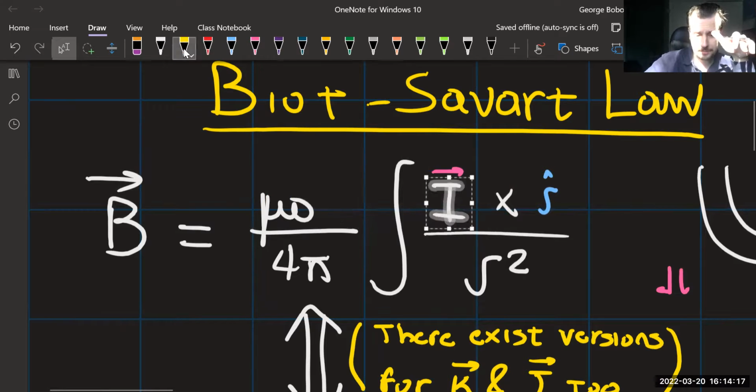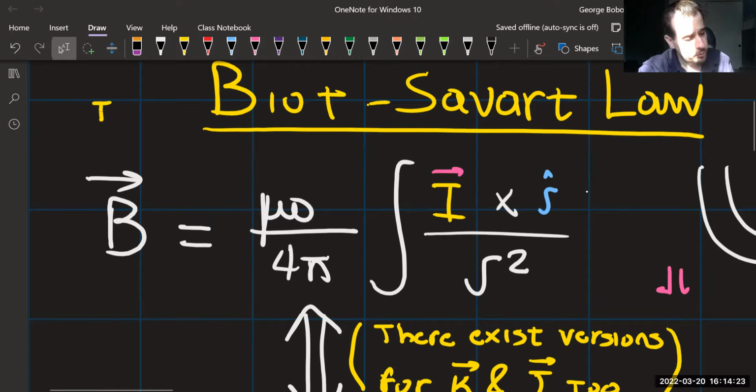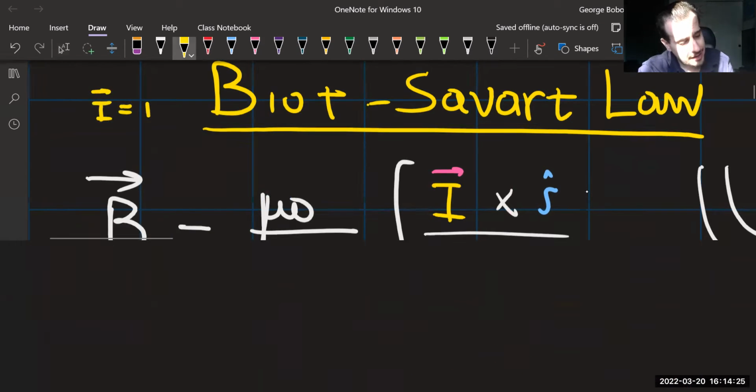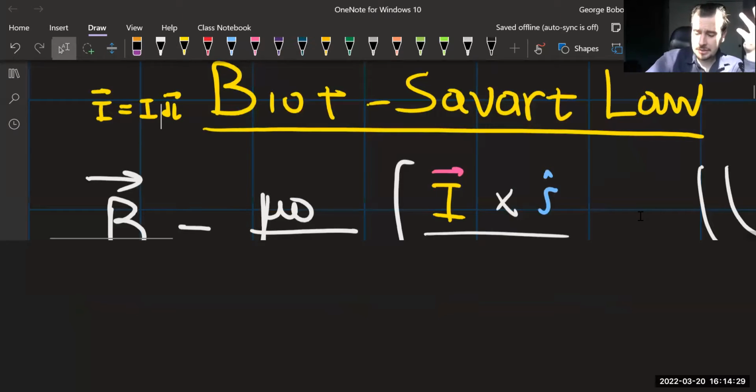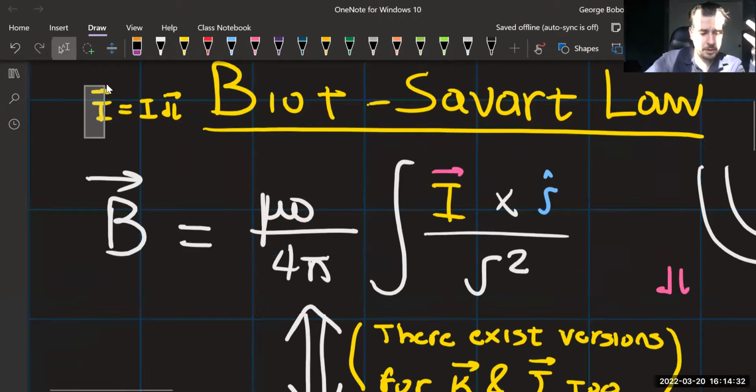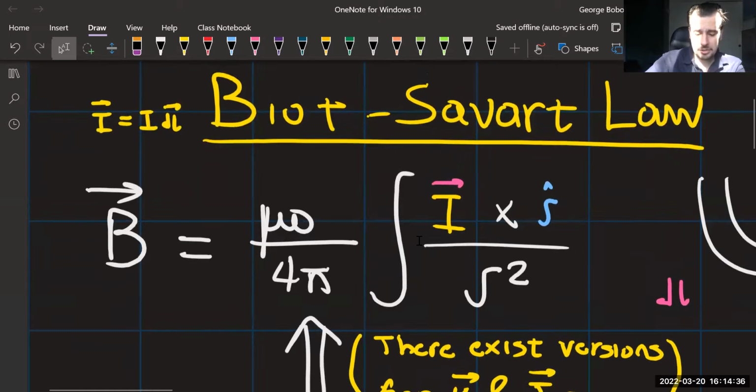This also happens because literally the dL is the direction of I. And as with any vector, you can express the I as a magnitude and a direction. So we've basically split the vector up into its magnitude and its direction. That's why you see the magnitude pop out here and then the direction come in there. But it's literally the same thing. This is the direction of I, I need to let you know.